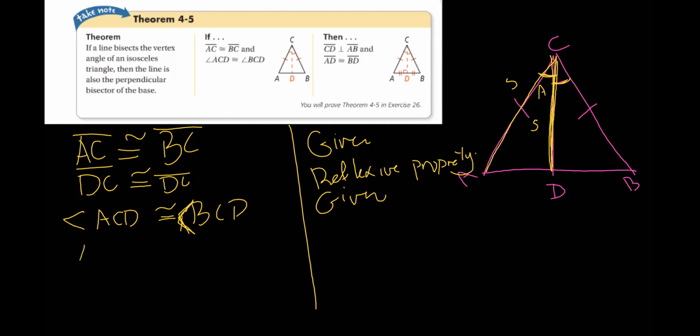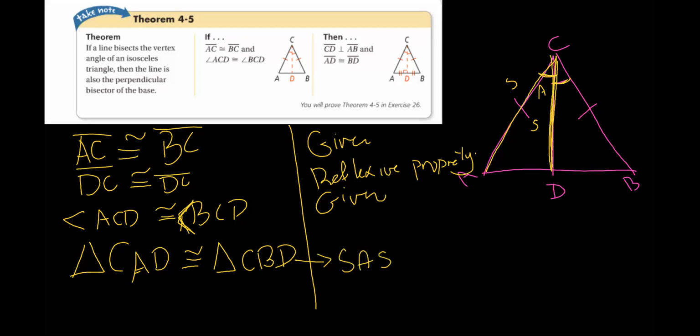So the triangle CAD is congruent with the triangle CBD because of the SAS postulate. So this is the first thing that I prove now, that this line segment is congruent with this line segment.